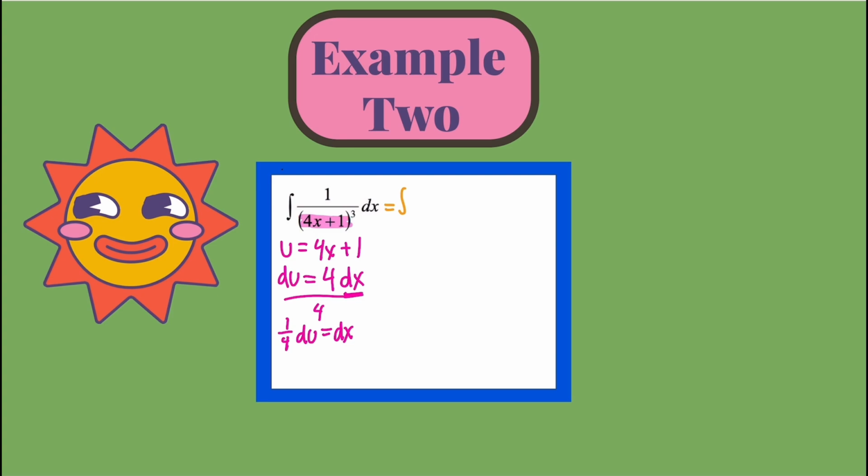The u will now replace the denominator, and instead of putting 4x plus 1, we're just going to put u. It's going to be 1 over u to the 3rd times dx, and if we look down here, dx is going to equal 1/4 times du.